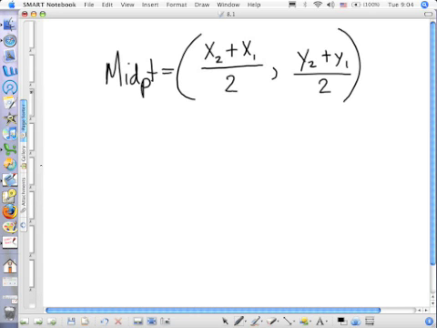The x coordinate is found by adding the two x coordinates of your end points and dividing by 2, because you're finding the average between them. And the y coordinate is found by doing the same thing to the y coordinates of your end points. Now, you don't even have to have a picture. I can just tell you the points, and you can find the middle.